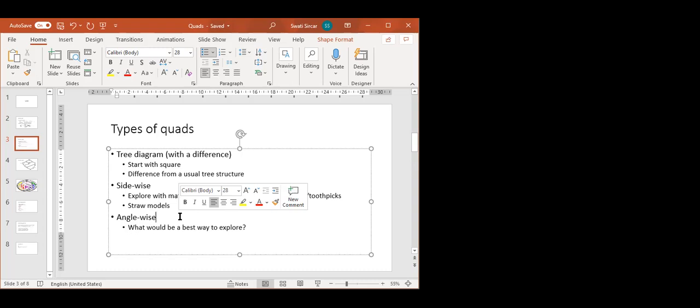In case of triangles, equilateral is equiangular and equiangular is equilateral. But is that the same thing in case of a quadrilateral? So you can ask, what is an equiangular quad? A quadrilateral whose angles are all equal.